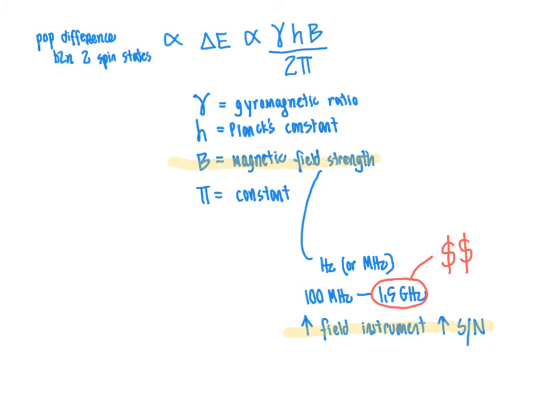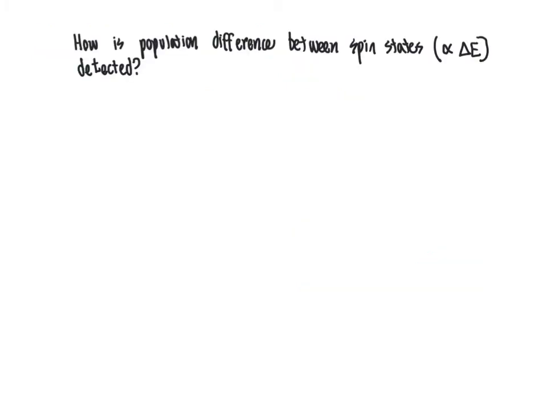So those are some things to keep in mind, that it's important to use an NMR instrument that has the magnetic field strength necessary to detect your molecule and give a good signal to noise ratio. The smaller the molar quantity of material you have, the higher the magnetic field strength you will need to be able to detect that compound.